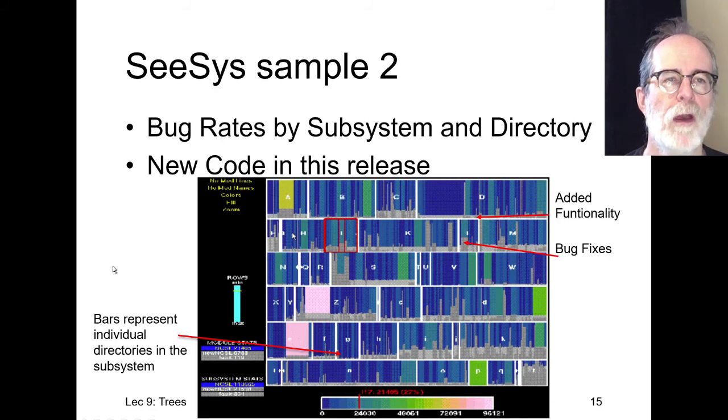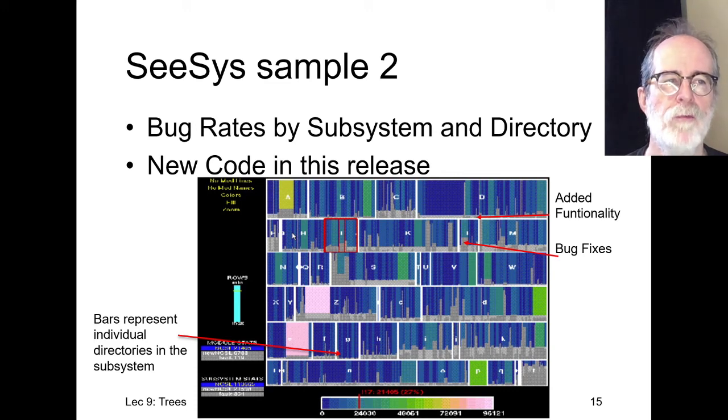So this second sample is a little more focused on identifying in the software repository where good things and maybe not so good things are happening. This is new code in this release, and these colored swatches indicate where the new code is.